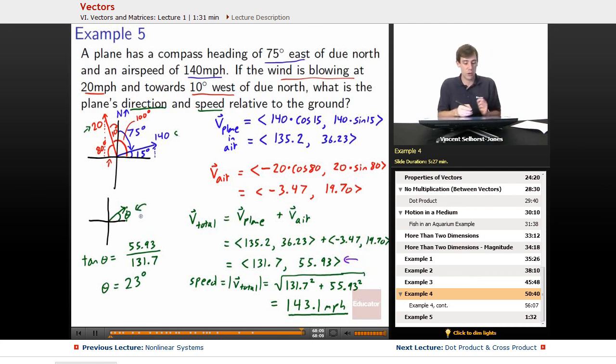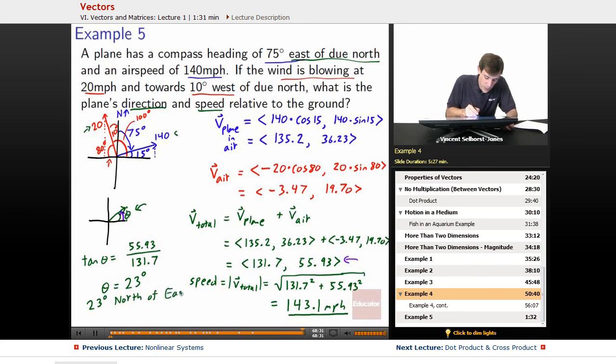All of the stuff was given in east of due north, so we have to put it in that same format. If it's 23 degrees as our theta here, that means it's 23 degrees going up from our positive x-axis, which was east. So up would be towards the north. So we could phrase this as 23 degrees north of east.